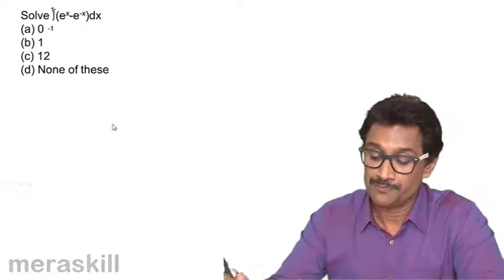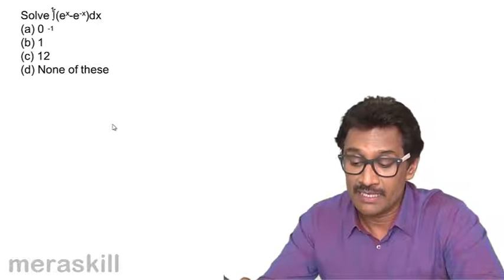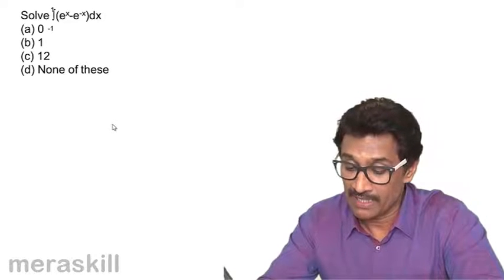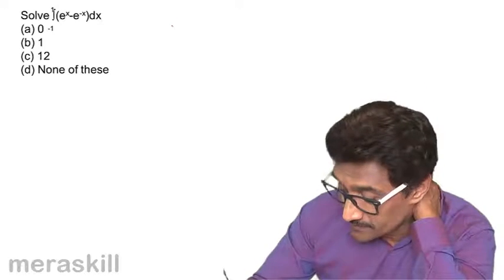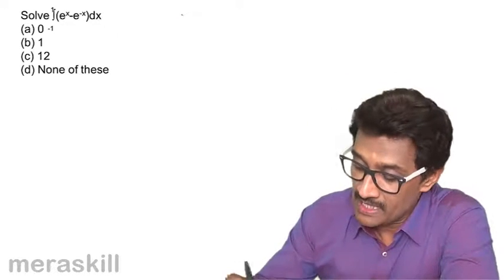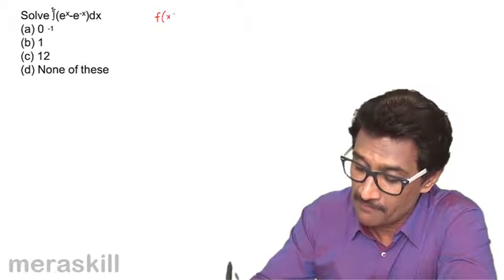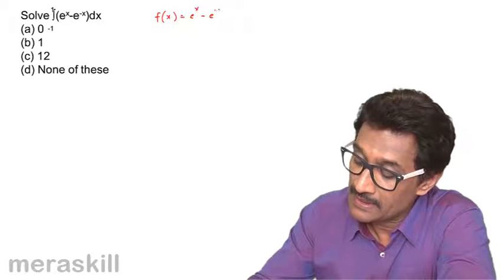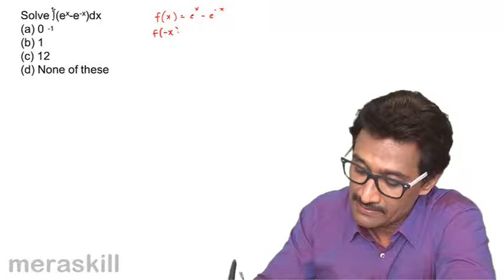Now here we have e raised to x minus e raised to minus x from 1 to minus 1. Now, if you see f of x, we can do it in various ways. We can do it the usual way. F of x is going to be e raised to x minus e raised to minus x. Now, let us see what is f of minus x.